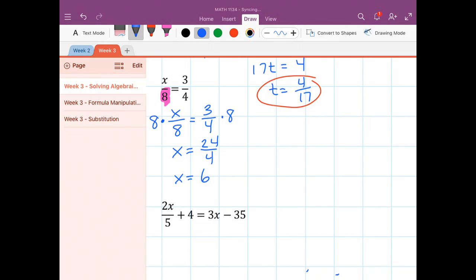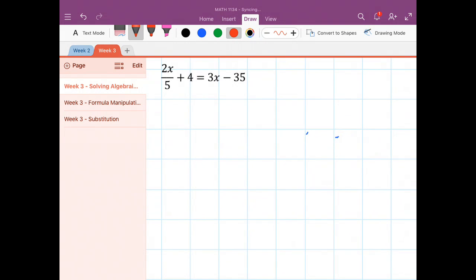We can also look at this logically and notice that 4 is half of 8, so 3 will be half of 6 because they're proportional when you have an equal sign like that. But I would follow this other procedure for the most part because it's not always going to be that simple and that easy to solve. Okay.